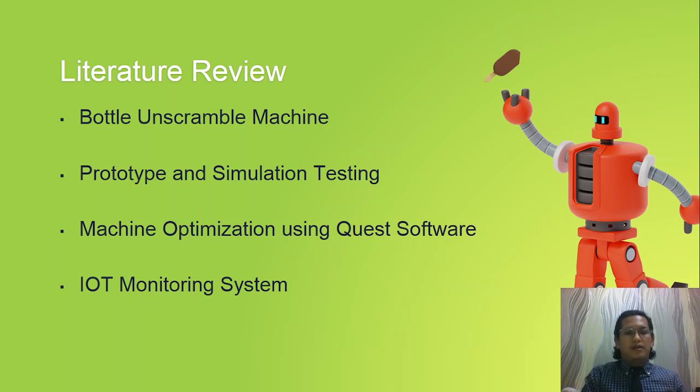For the literature review, first is the bottle unscramble machine. This has been used in most bottle filling industries. A bottle unscramble machine can help to increase productivity and the production rate.